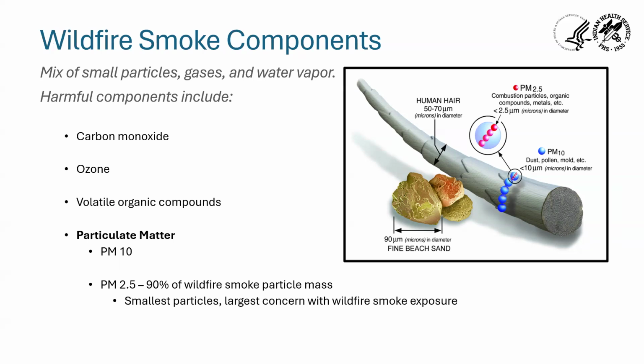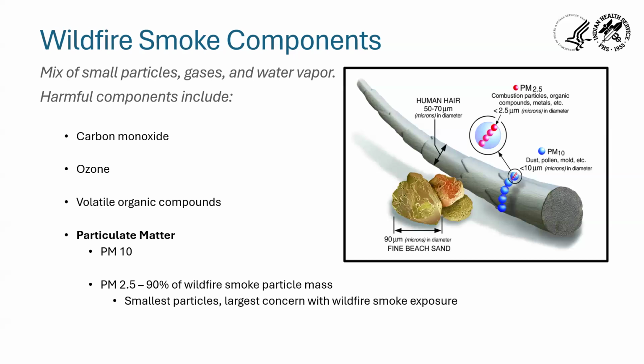Next is ozone, produced mainly in smoke plumes during wildfires. That can exacerbate asthma symptoms and COPD, and cause coughing, throat irritation, and congestion. Next up are volatile organic compounds, or VOCs, such as formaldehyde. Again, similar symptoms, except those VOCs can cause more systemic effects in the liver, kidneys, and central nervous system.